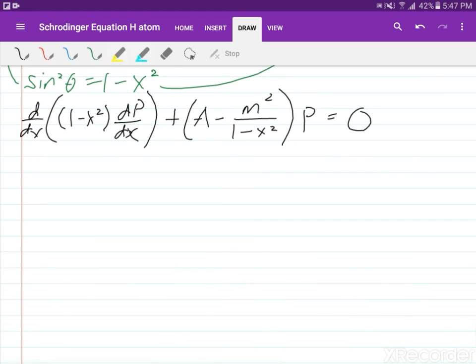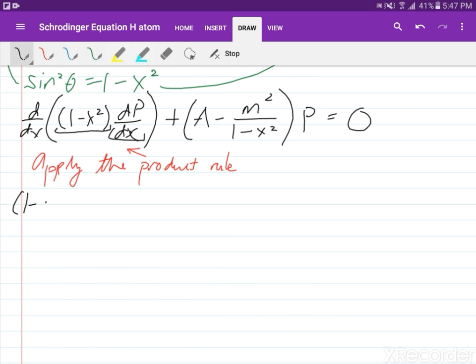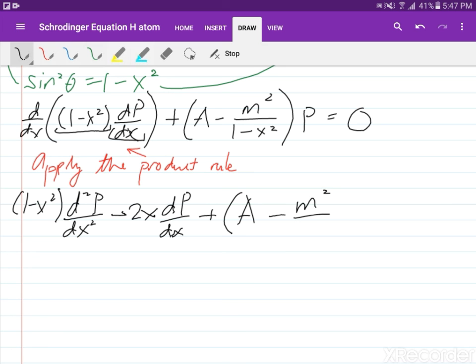So now we apply the product rule to the first term. So we would have 1 minus x squared times the second derivative of P with respect to x, minus 2x dP dx, plus a minus m squared over 1 minus x squared times P equals 0.